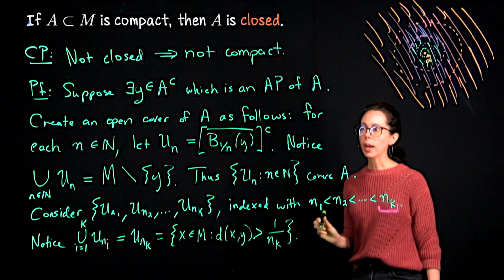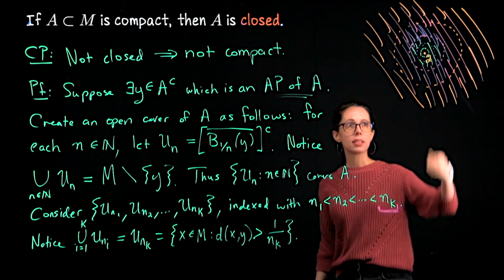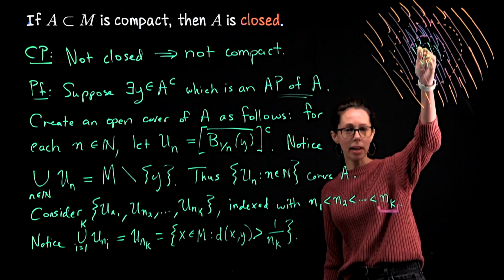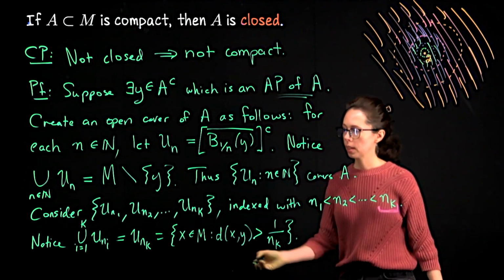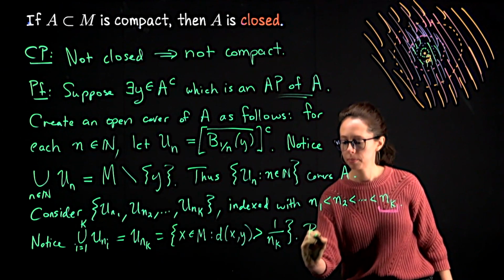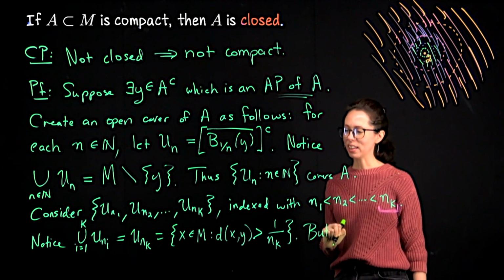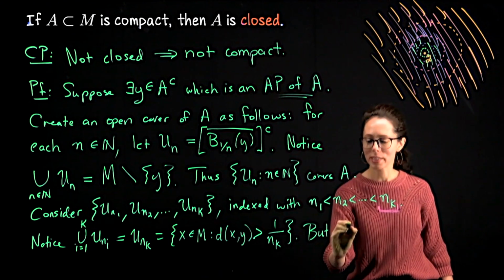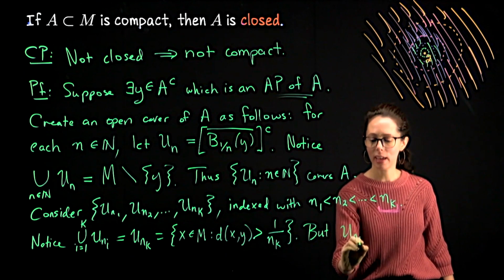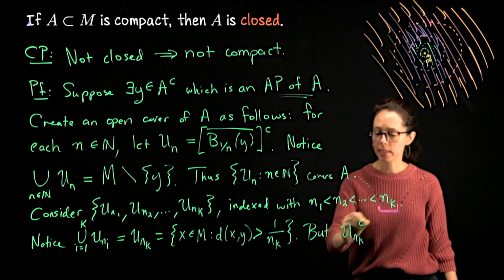However, y is an accumulation point of A. That means that there are points from A in this neighborhood and they're not being covered. Let me see if I can squeeze that on here. So how about just the complement of that? I'm going to go back to complementing things. U sub nk, flip it, go inside. I don't care about the boundary. Just take the complement.